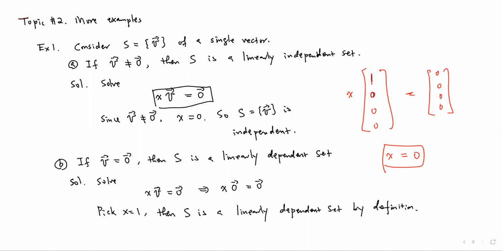Example 1 done. Example 2. Show that the columns of the following matrix are linearly dependent. For a matrix, each column is a vector.